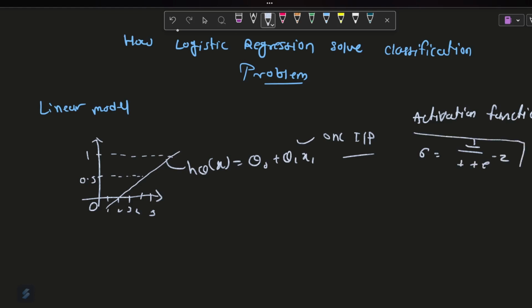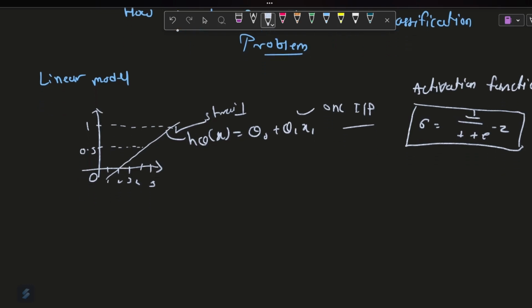That's the function we are using in logistic regression, and that's how it affects your graphs. Here the line is a straight line, but what happens when we use the activation function? How the line is skewed, we will see in this video.